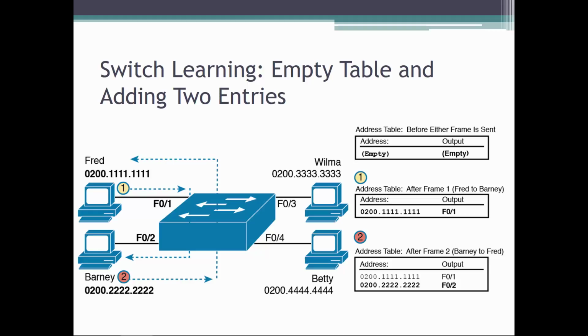So switches learn by powering on. They'll have an empty table, and as basic communication happens, they will start adding to their address table, both frames and IPs. With IPs, it's subjective because we're going to have a layer 3 device for that. But I mean, they start learning their address table, so that's the important part.